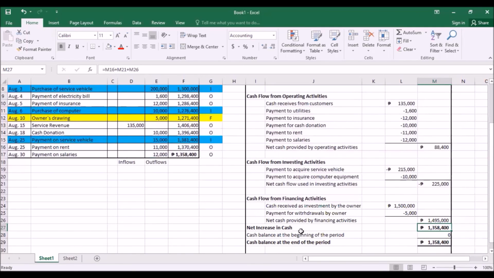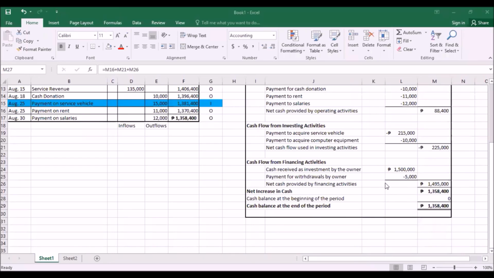Kung ito po naman ay negative, magiging net decrease po ang sagot or ang nakalagay dito, net decrease in cash. So, how we will know po na tama itong answer po natin? So, i-compare lang po natin itong net increase in cash po dito po sa ating ledger. Iparehas po ang sagot. That means tama po. So, hindi pa po ulit natatapos dito yan.